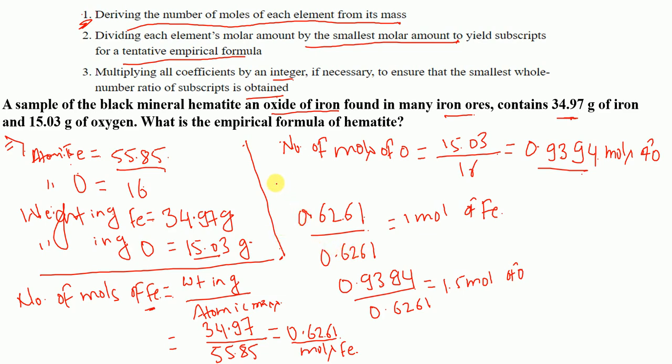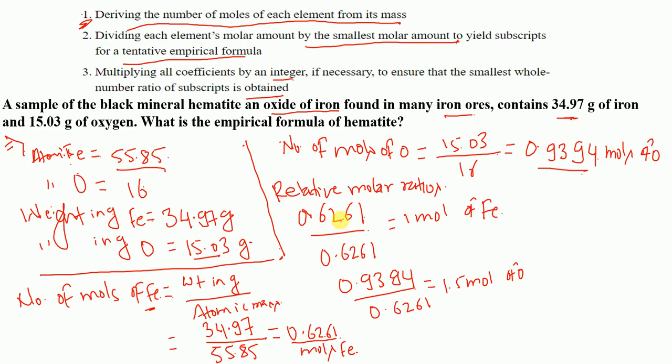These are the relative molar ratios, so I can write here relative molar ratios. How did I derive this? Out of these two numbers of moles, I first checked which one is the smallest, and I found that 0.6261 is the smallest. Then I divided both numbers, 0.6261 and 0.9394, by the smallest number.